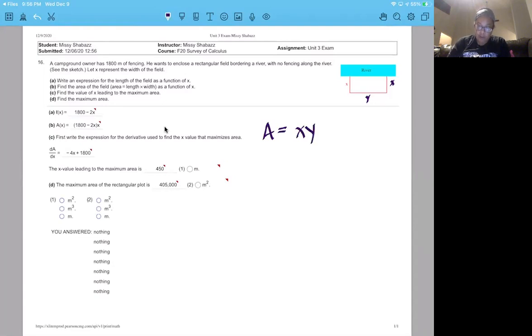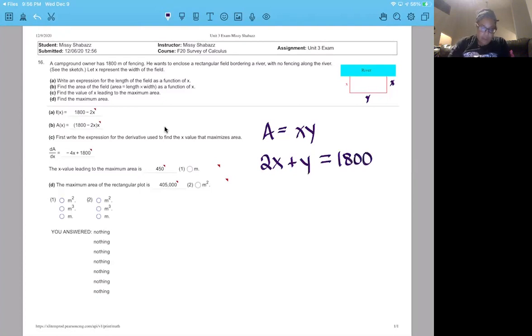And then my constraint is going to be the perimeter, because I have 1,800 meters of fencing, but one side has the river. So I have 2x plus y equals 1,800, right?